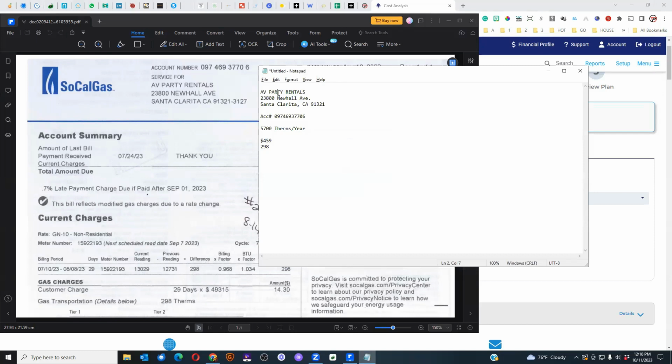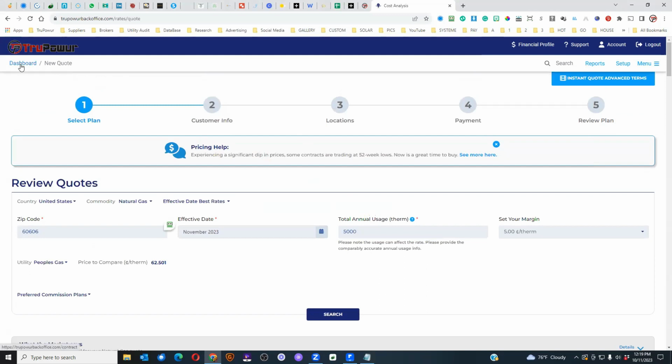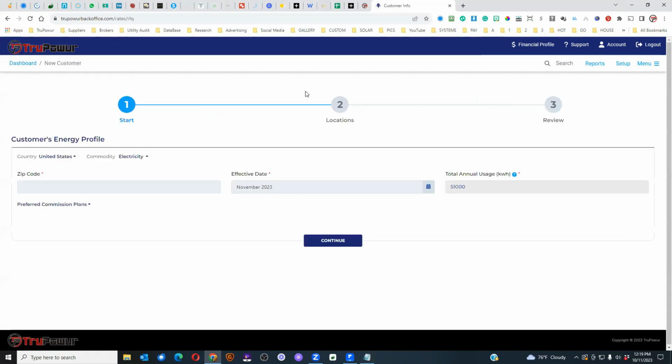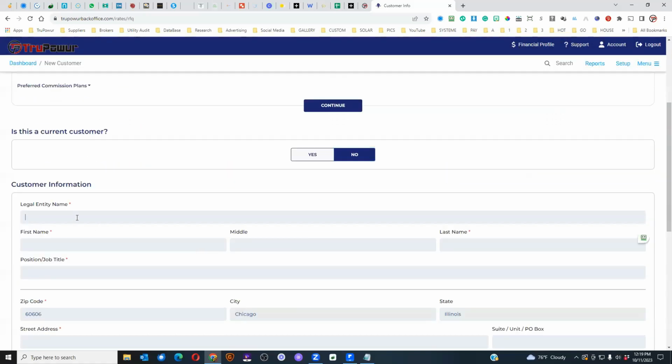That way it makes it very easy for me to see what's to the left or behind the screen, and then be able to type that out so that when I go to enter this information in, it makes it very easy to just highlight it and hit Control C to copy it and Control V to paste, so that when I go back into the system and I'm going to enter that customer's information, it makes it very easy for me to move forward by just copying and pasting that information back and forth.